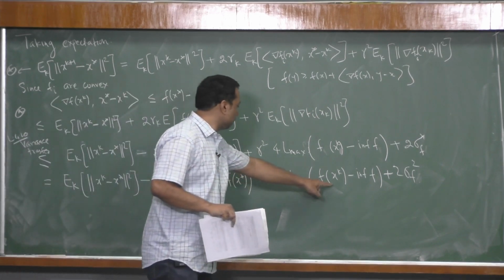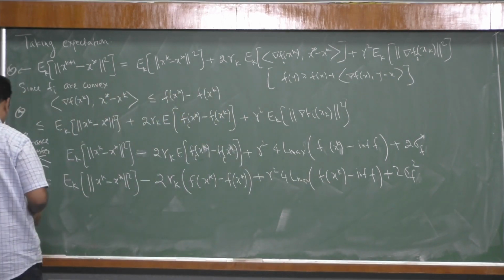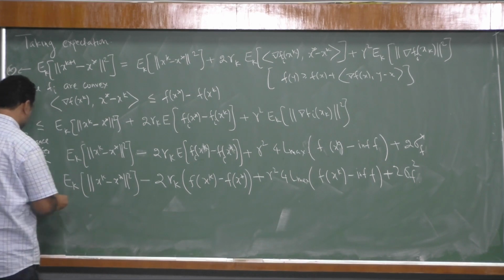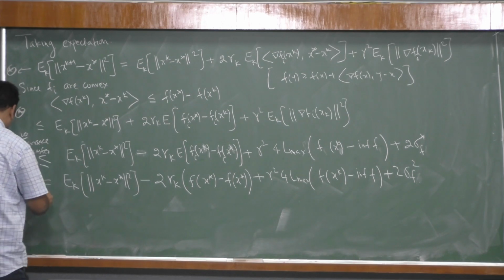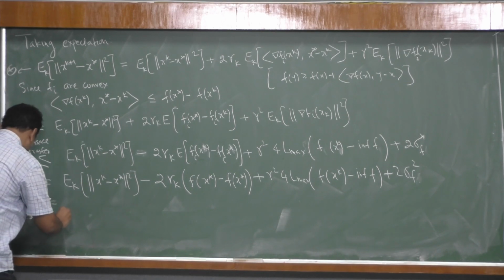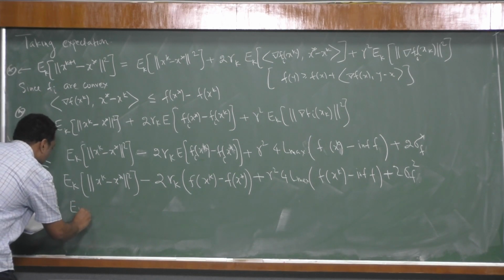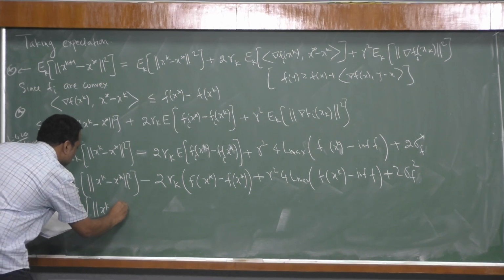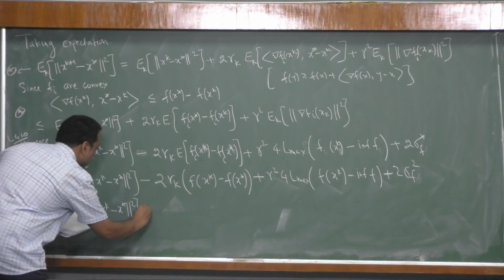Okay, so this is what we have, and with our plan we want to take this common. So let us see what we have. This is now equal to expectation of norm of xk minus x star, minus.